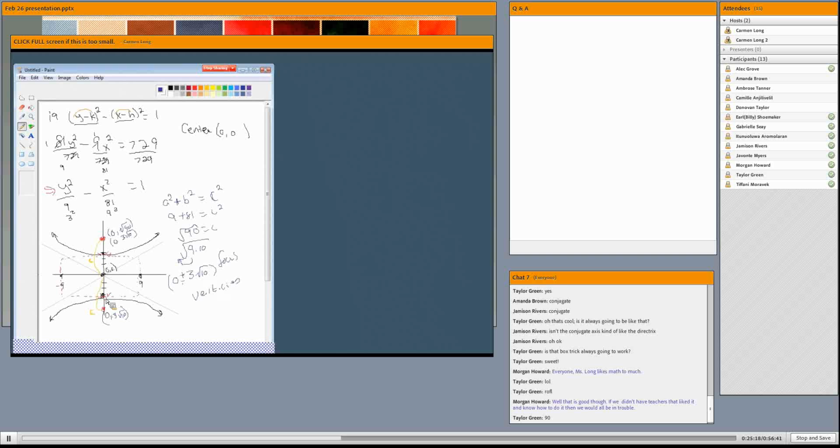All right, everybody, real quickly, type in an ordered pair of the vertices. Just one of them. Type in the Q&A pod. Ordered pair of the vertices.